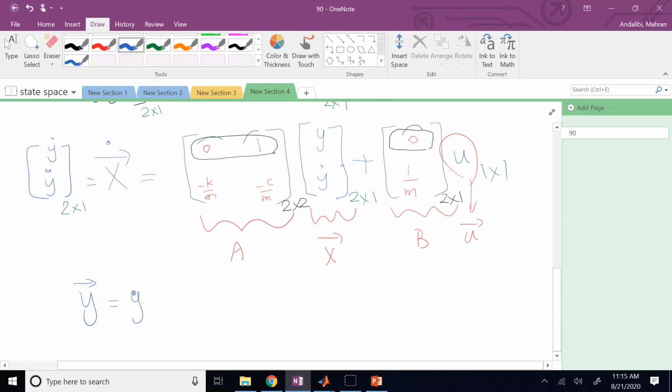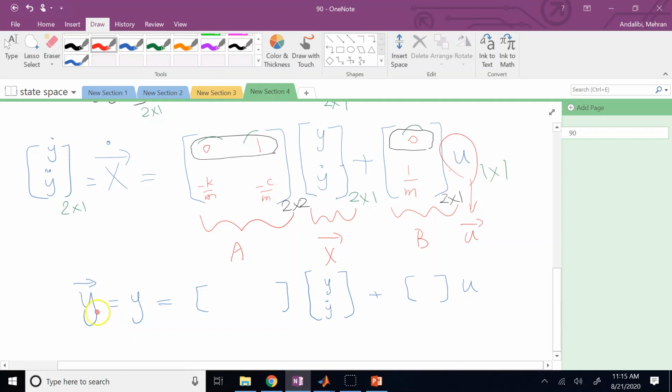The only output I have is position. I am not looking at any other output. This should be equal to a matrix times the state vector plus some other matrix times u, right?